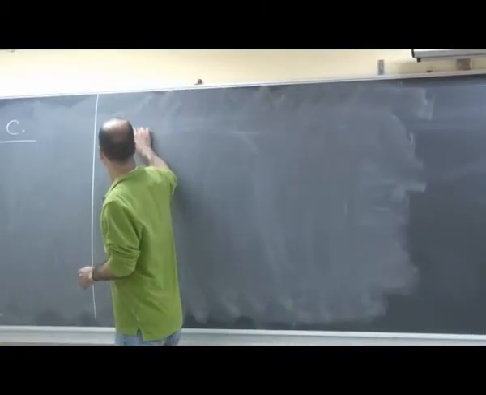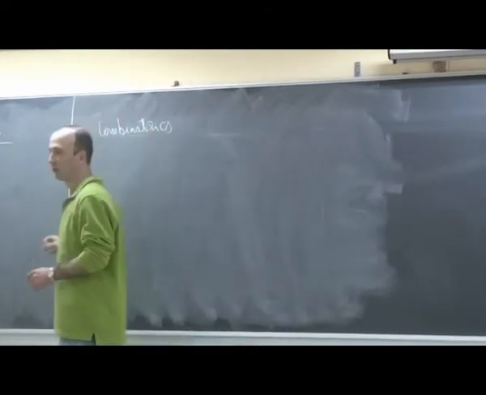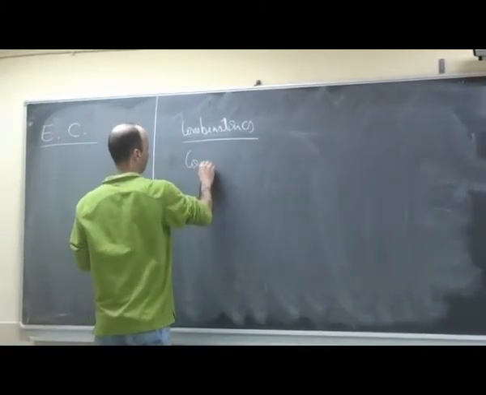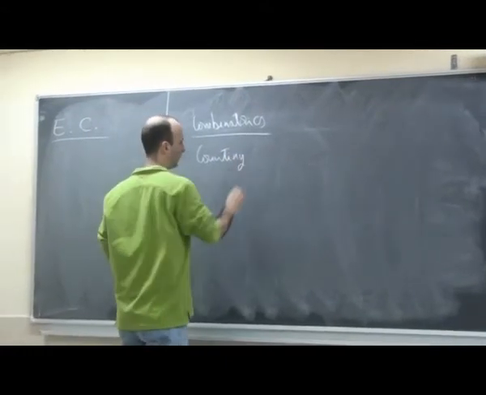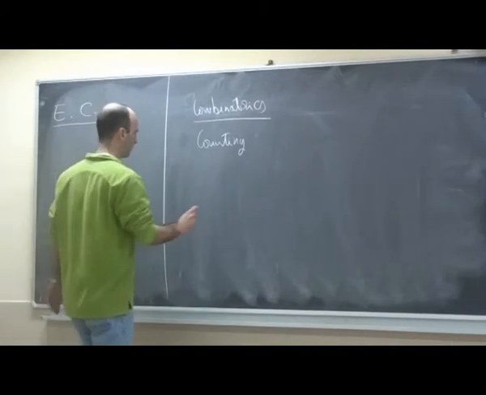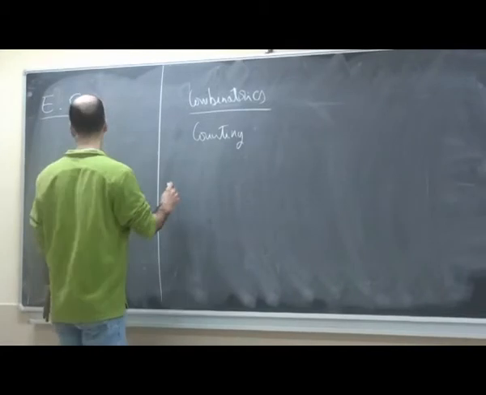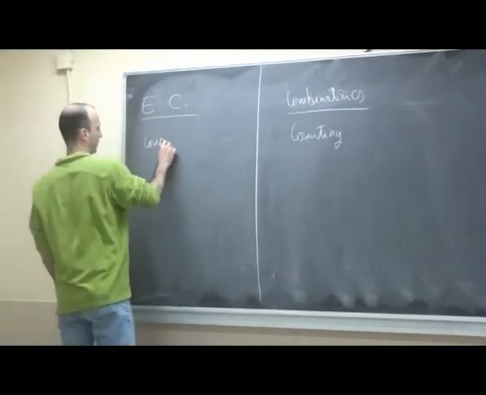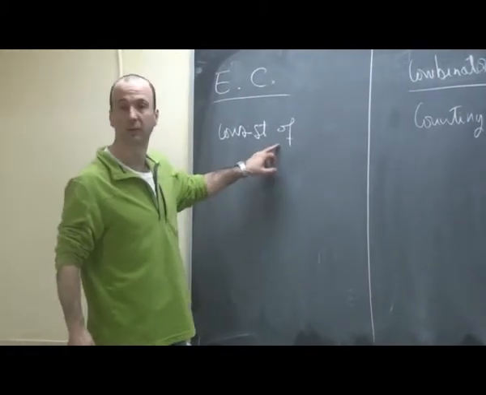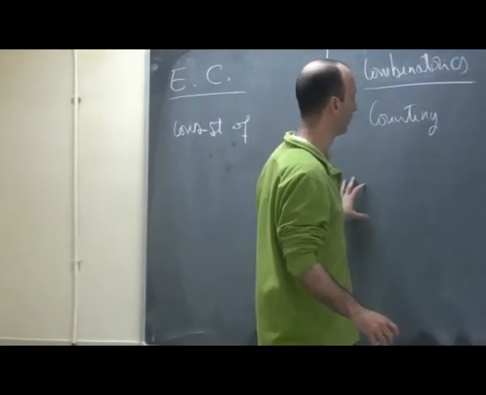So, this is combinatorics, right? Which is counting. And counting basically consists of, yeah, the third word, consists of, people keep saying consist in, incorrect, that's why I write it down.